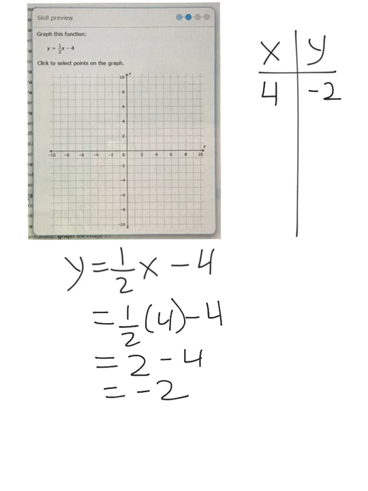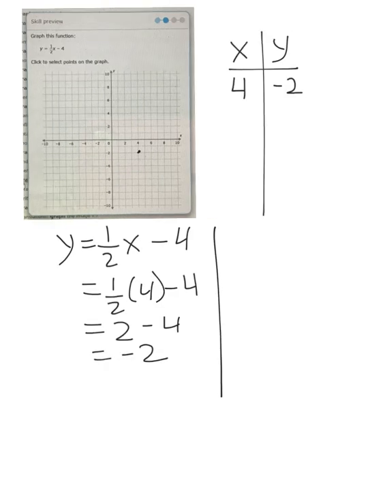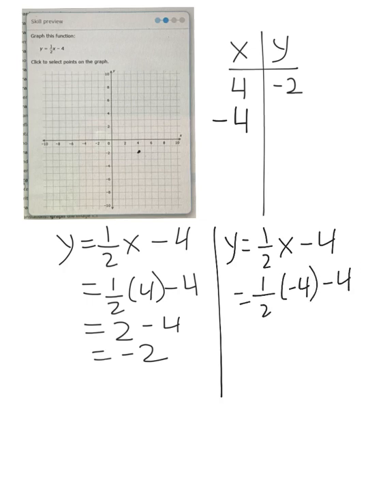We'll graph that, 4 and -2, just in there. I'll do another coordinate over here. Let's try, why don't we do -4 this time? y equals 1/2 x minus 4. 1/2 times -4 minus 4.